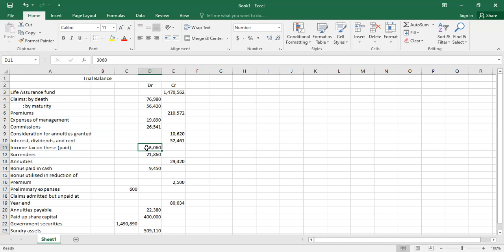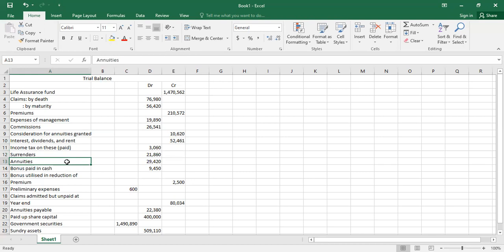Then you have annuities. What are annuities? You must understand what they are for you to treat them accordingly. When one pays a lump sum to the insurance company, the insurance company reciprocates by paying this person a certain amount of money at regular periods of time.